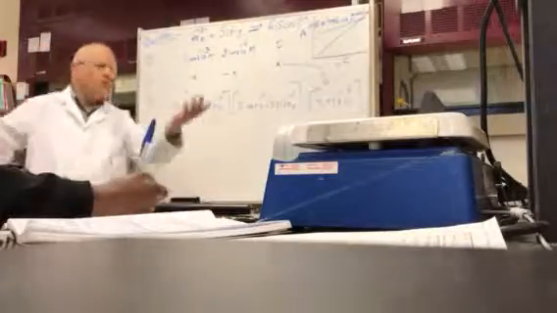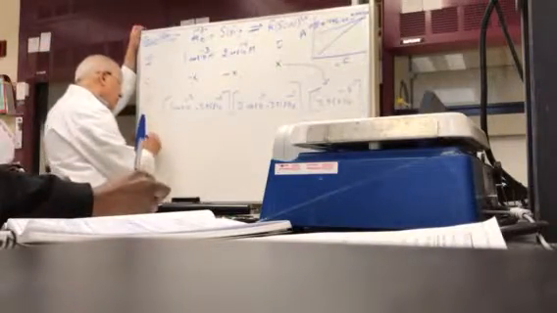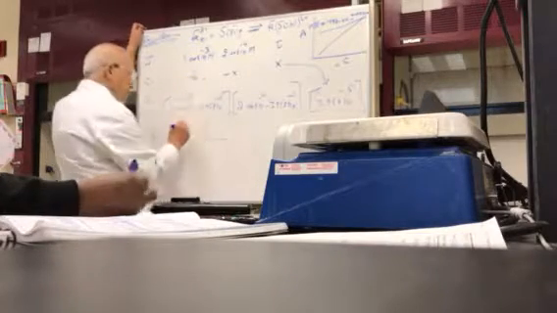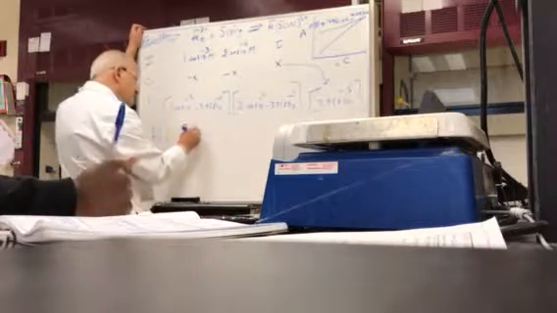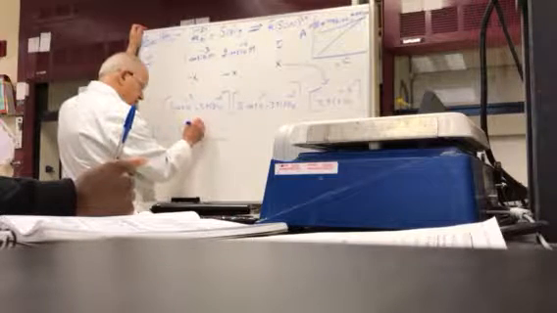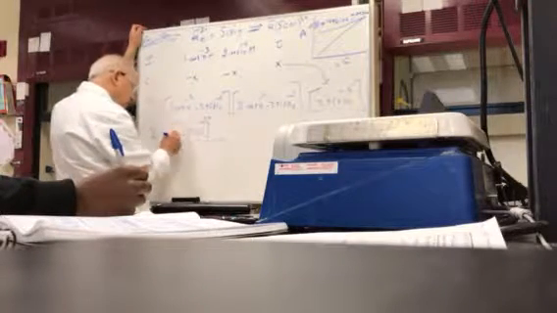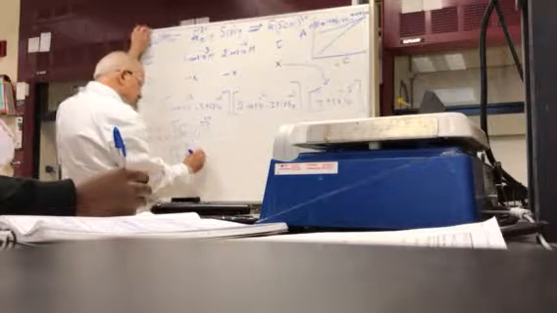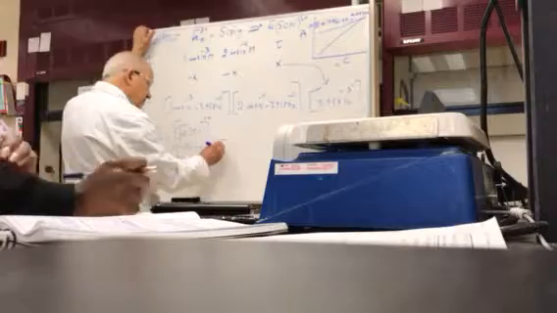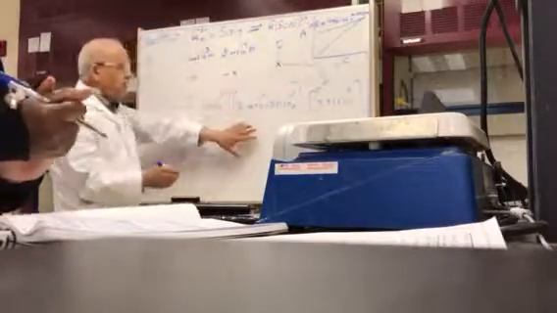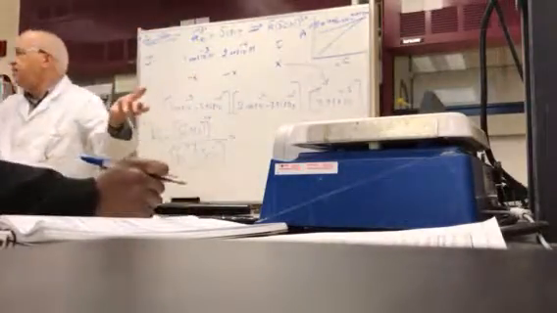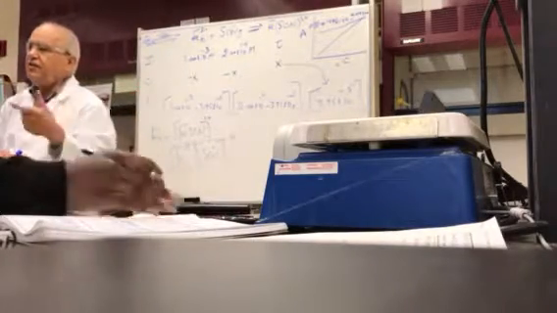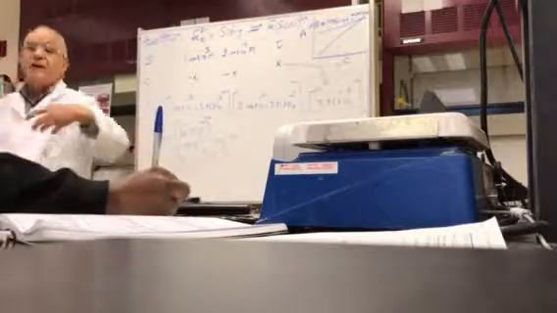Then what you do, you go K equilibrium equals FeSCN2+ at equilibrium over Fe3+ at equilibrium times SCN- at equilibrium, and I got those numbers here. We're going to find the equilibrium constant for 5 different test tubes.